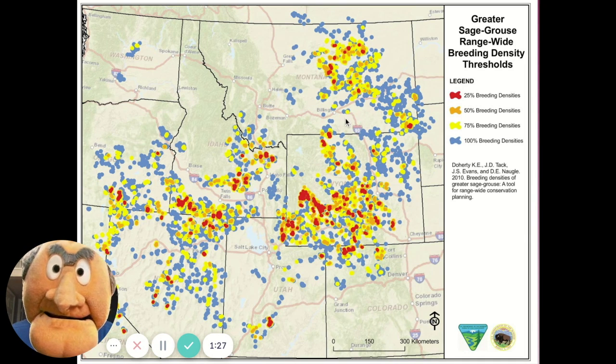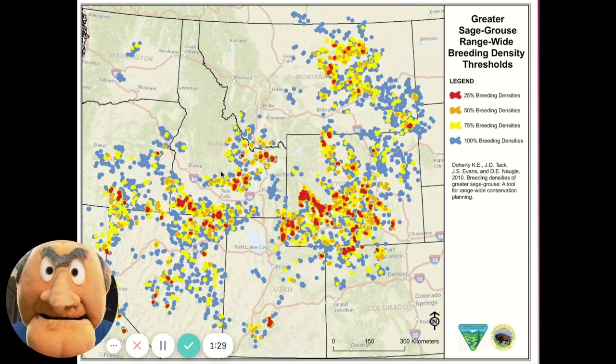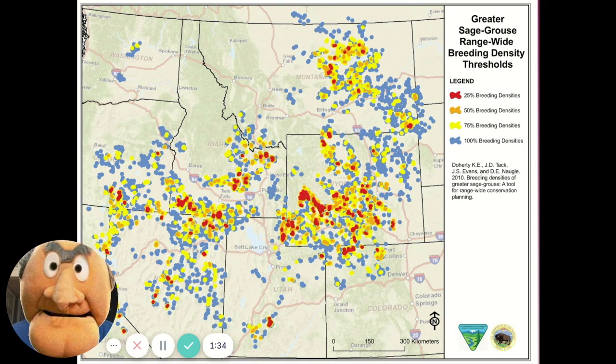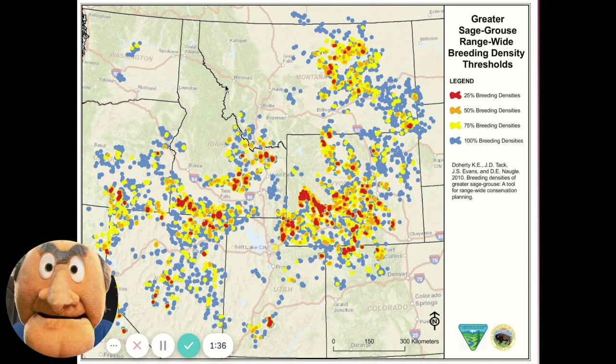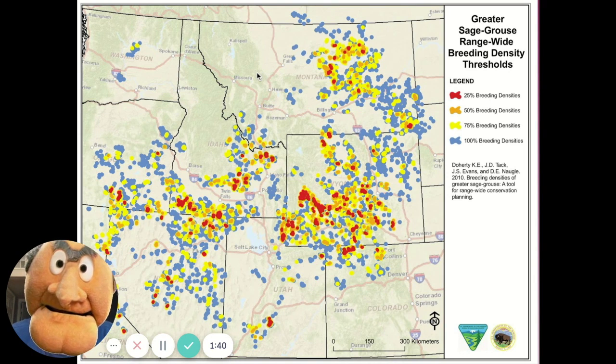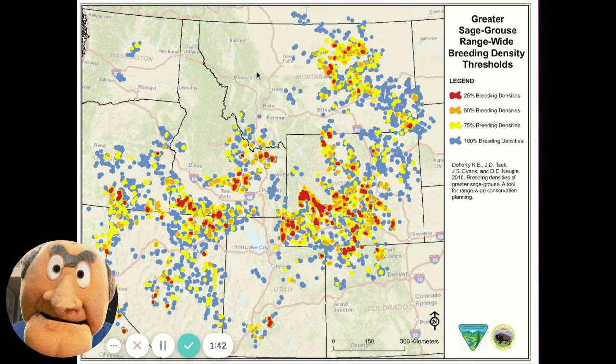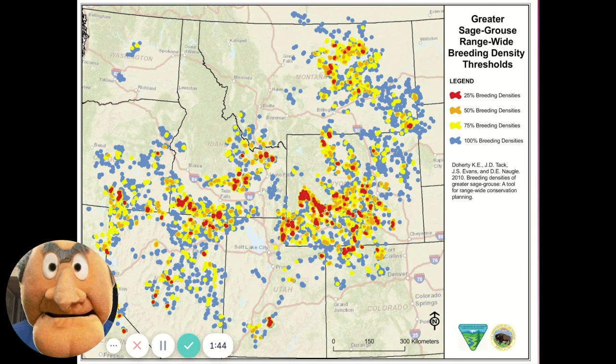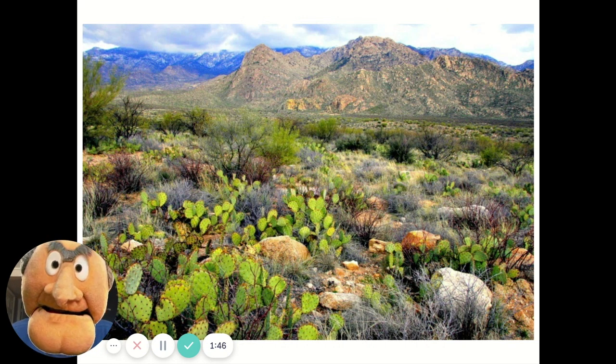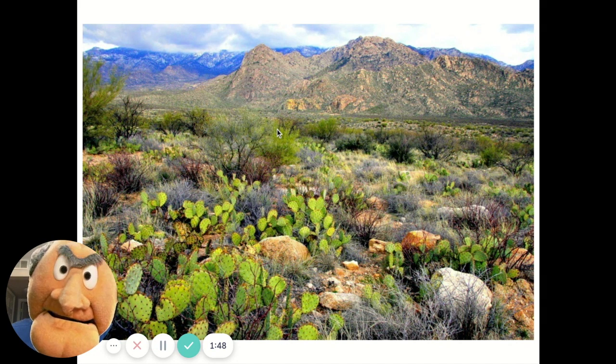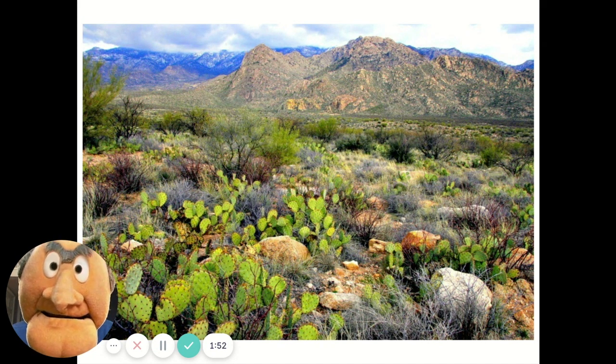And you can look in some detail, using things like eBird for sightings of sage grouse, and realize that in this part of Montana, you're just really not going to encounter sage grouse because of the habitat differences.